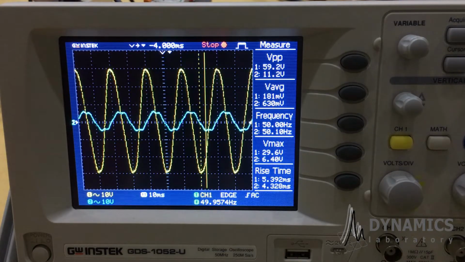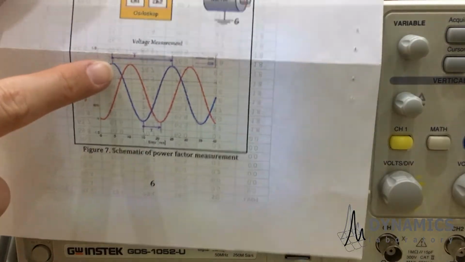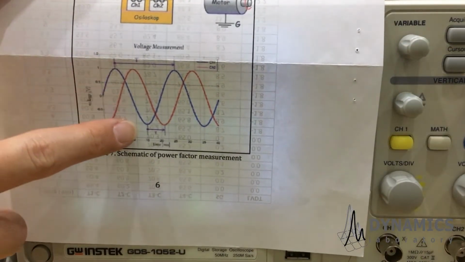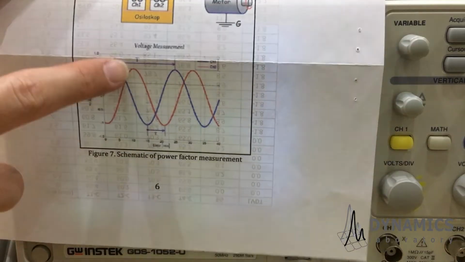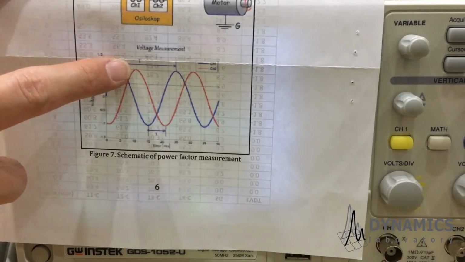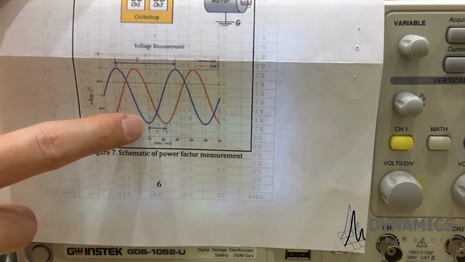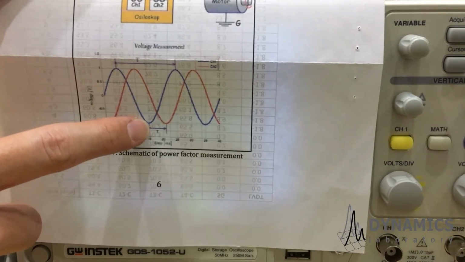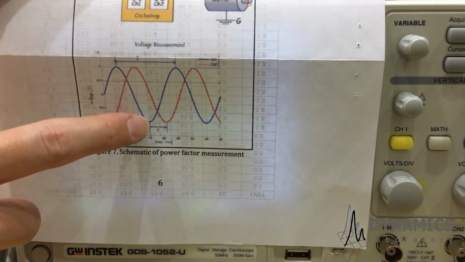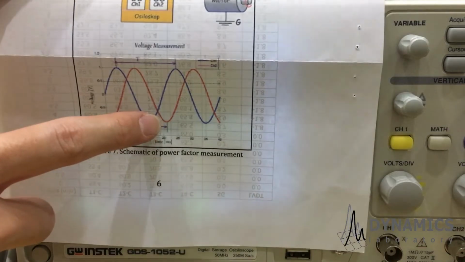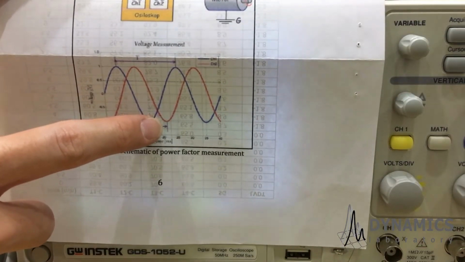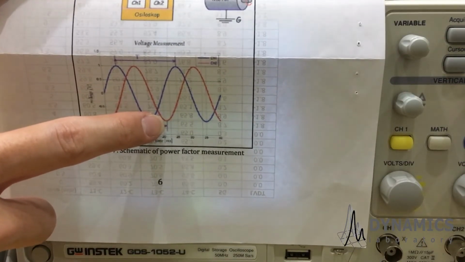Move to the phase difference. In the module, you see the phase difference can be calculated by tau divided by T, or period. Tau is the difference between the peak of the voltage signal and the peak of the current signal.